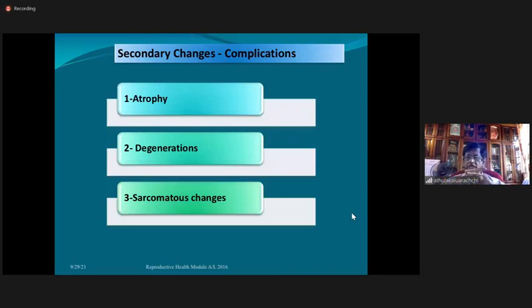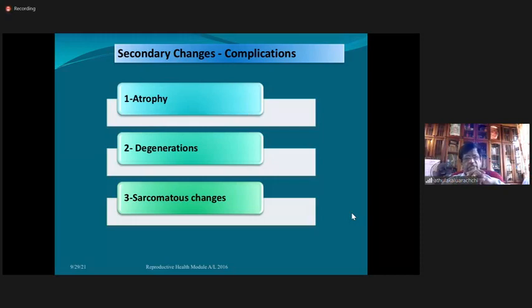The fibroids can undergo certain changes. The main changes are, either it can undergo atrophic changes. Atrophic changes are likely when you have a patient close to menopause, and after menopause gradually the fibroids can get smaller and atrophied. I said they can undergo degeneration.